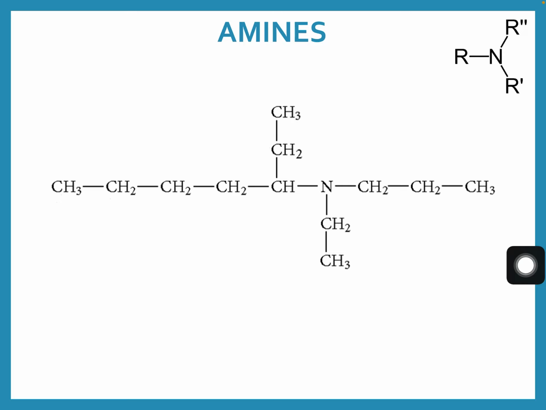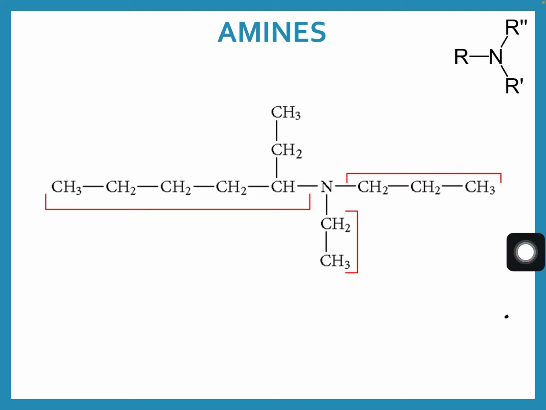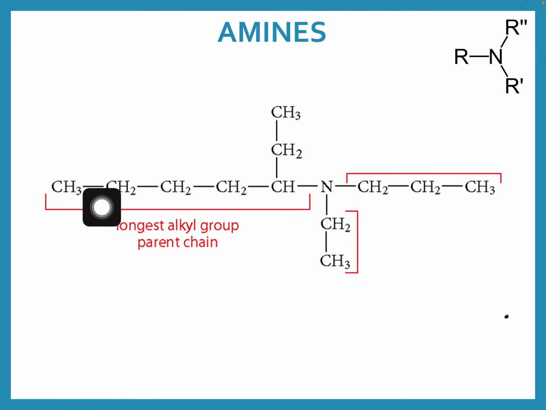So we are looking for the longest chain of carbons that the nitrogen is in. So if we look over here first, we have three sort of separate areas that we can look at. And so the longest alkyl group here is this one. So we've got 1, 2, 3, 4, 5 carbons attached to the nitrogen here.